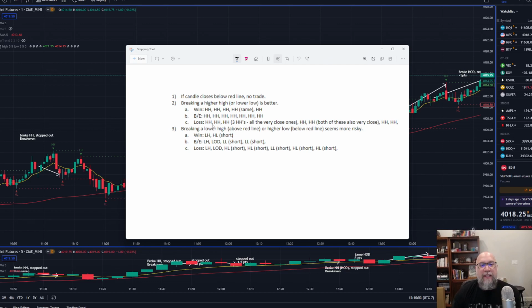So as you can see, basically wins were over a higher high. We broke a higher high, we broke a higher high, we broke a higher high, we broke a higher high. This is actually the same higher high as before, so I counted that, and another higher high. And then we had 7 break even on higher highs. And then we had 3 more.